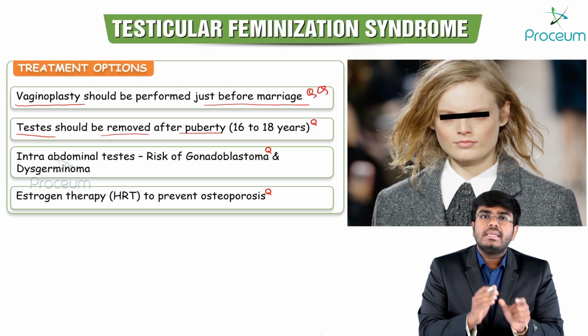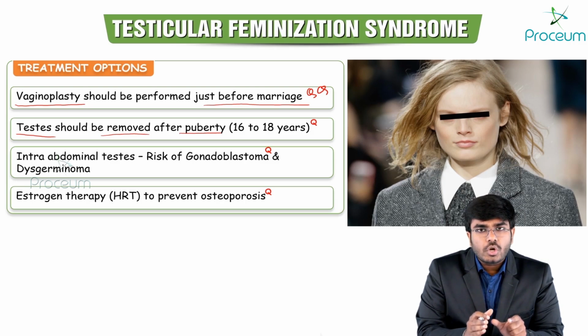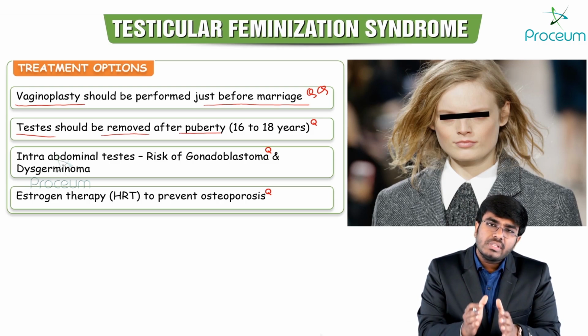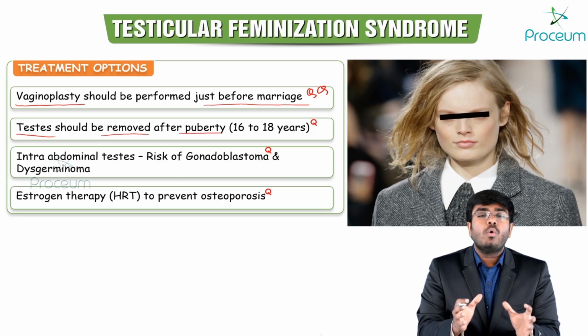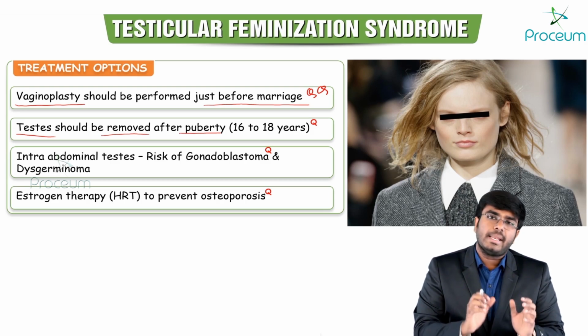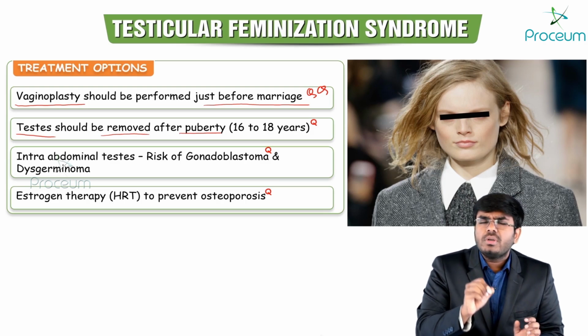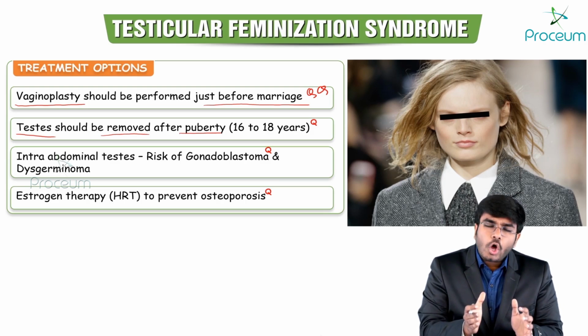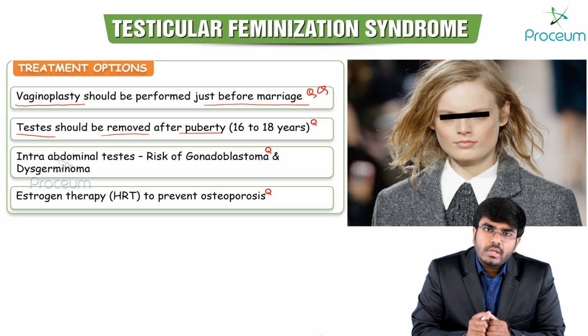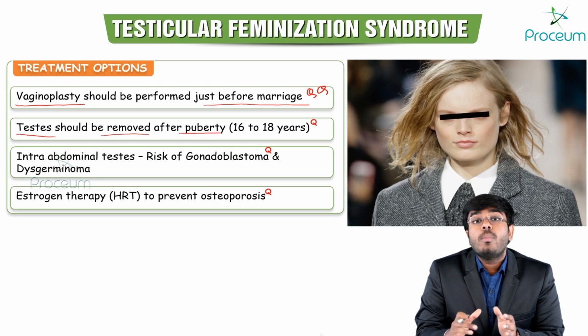This testis is forming testosterone, and this testosterone is getting converted into estrogens, and these estrogens are the only ones which cause the breast development in this female. So if you take out this testis, you are simply knocking out the production of testosterone, and there are no estrogens at all. If there are no estrogens, there is no breast development.